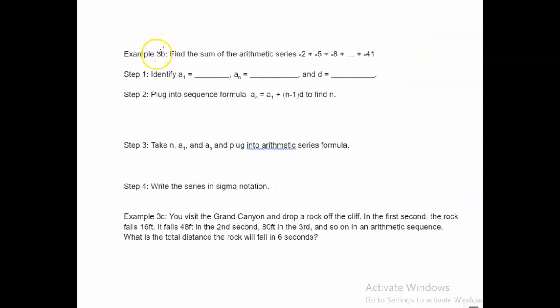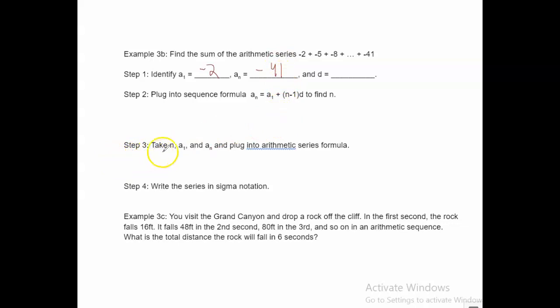So this one wants to know the sum of this arithmetic series. I'm starting at -2 and I'm adding all the way to -41. So I know my first term is -2. I know my last term is -41. I know to use my formula.